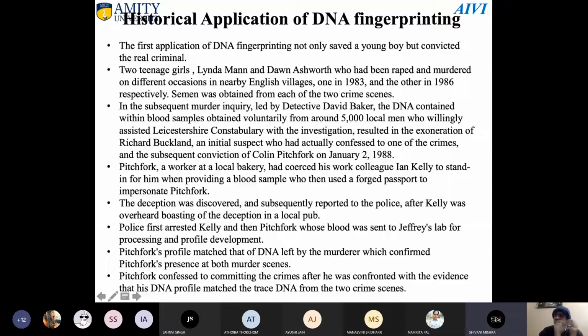So even at the time of discovery, when Alec Jeffreys discovered this technique, it was utilized and it helped in the conviction of the real criminal. This is a simple historical example of how DNA fingerprinting was discovered and utilized.